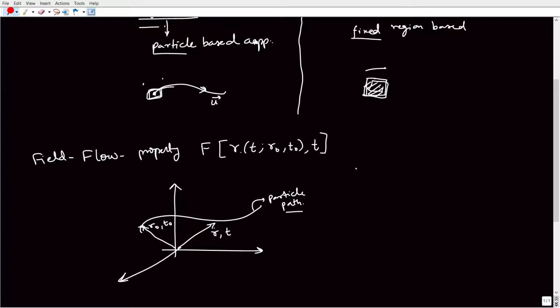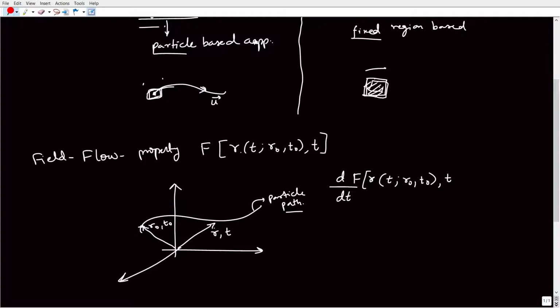In that approach, we will take the differentiation of that property with respect to time. So we will define d by dt of f, which is a function of r, where r is also a function of t, given r naught at t naught.